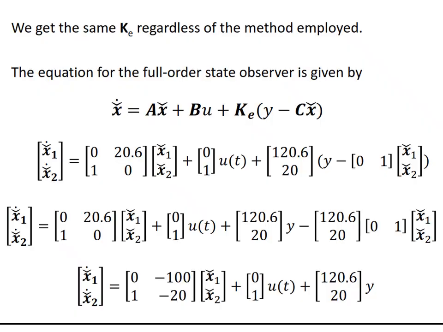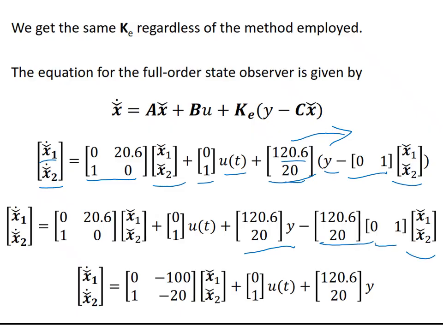We substitute in the system equation x1 hat dot, x2 hat dot equals the A matrix times x1 hat, x2 hat plus B times U plus Ke. We have obtained 120.6 and 20 times Y minus C times x hat. We will take this vector and multiply it by the bracket: 120.6 and 20 times y minus 120.6, 20 times 0, 1, then times x1 hat, x2 hat.